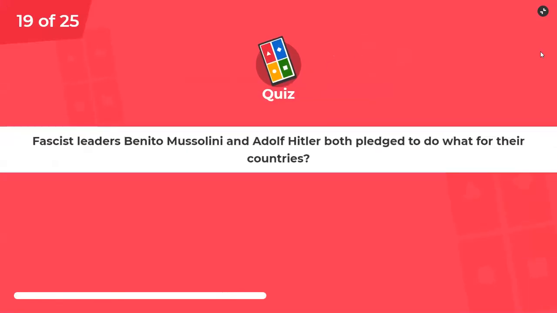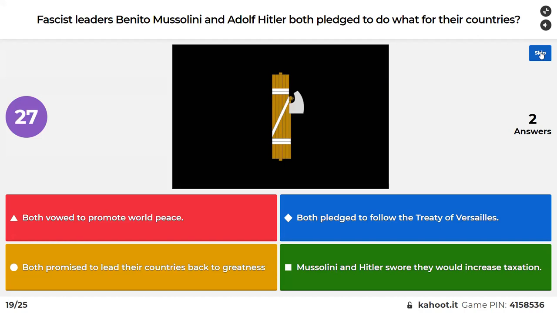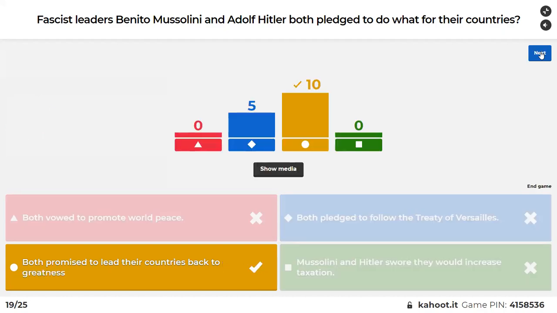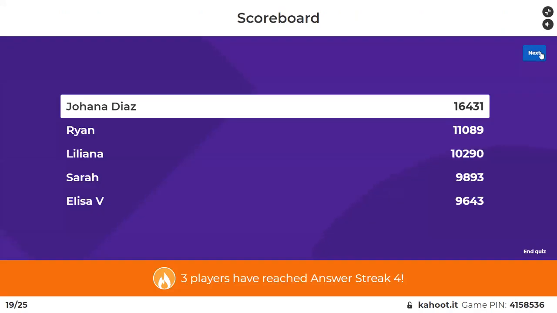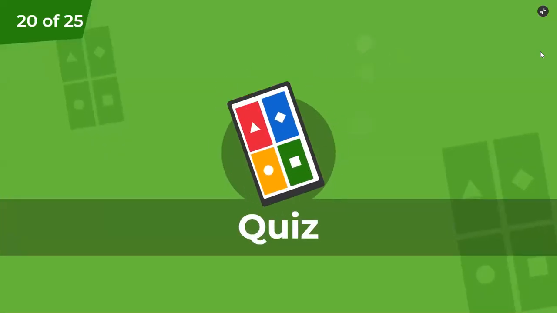Fascist leaders Mussolini and Hitler both pledged to do what for their countries? What did they promise the people of their country? Both promised to lead their countries back to greatness. All right.